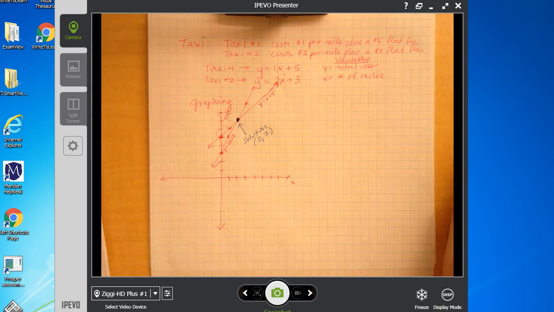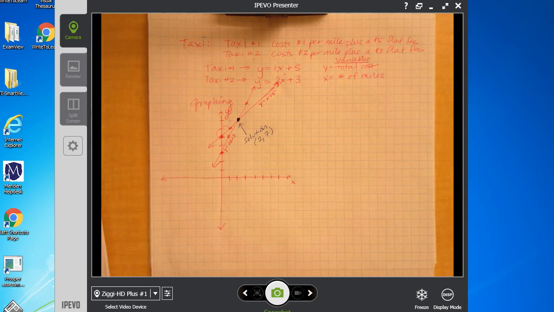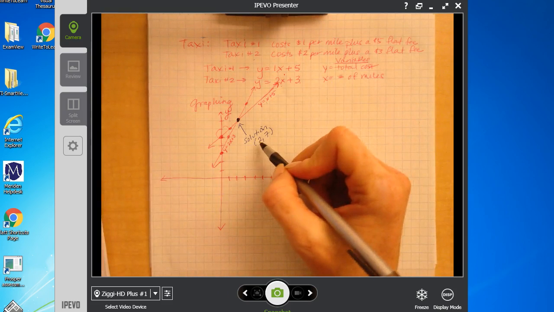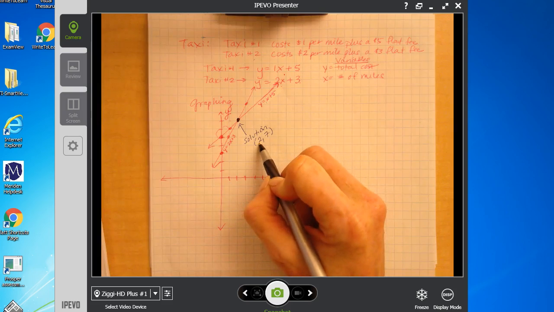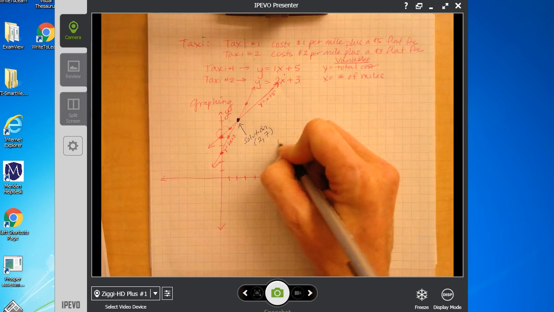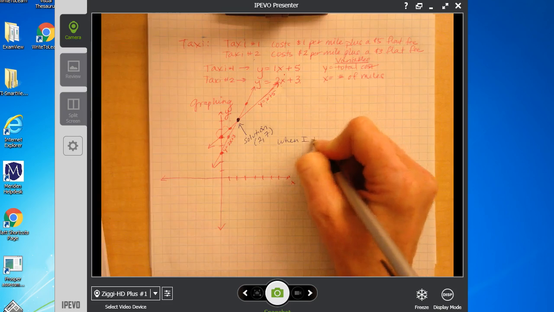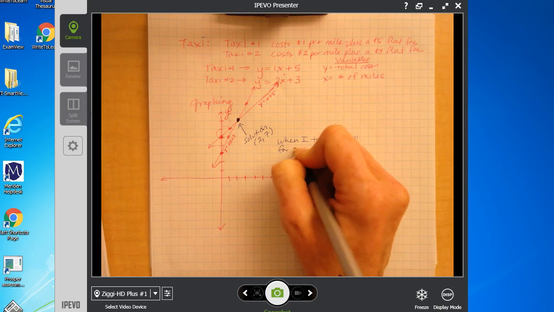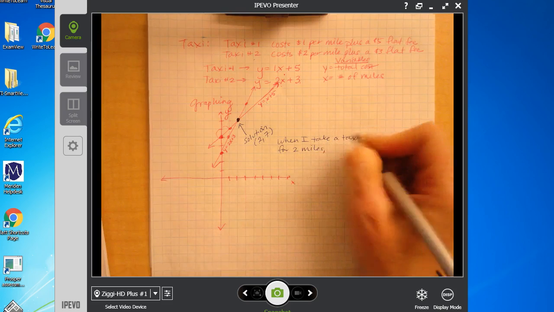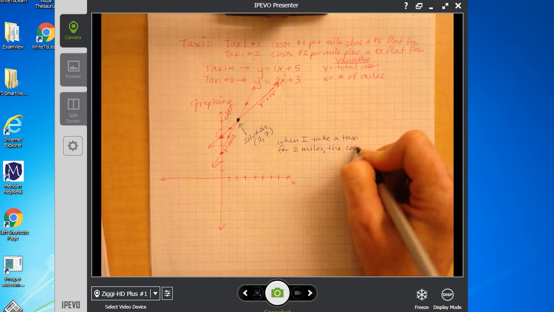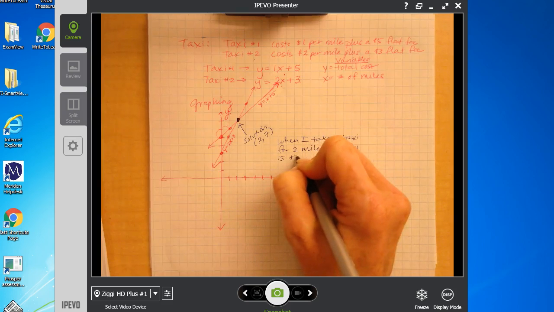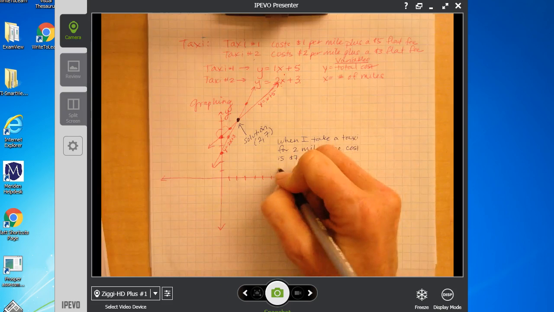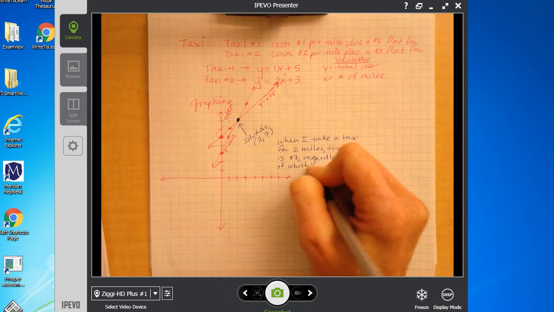Okay, and what does that mean? It means that when I am taking that taxi for 2 miles, the cost is $7 regardless of which taxi I take.